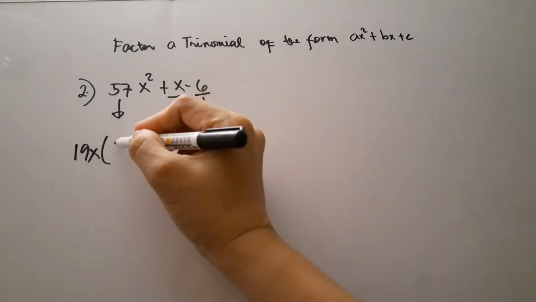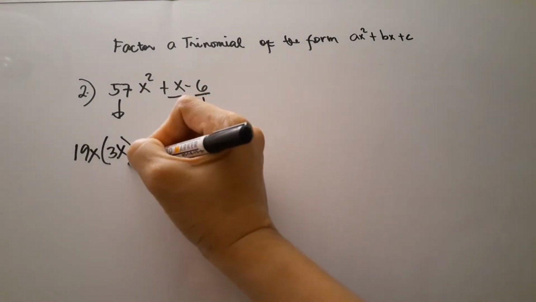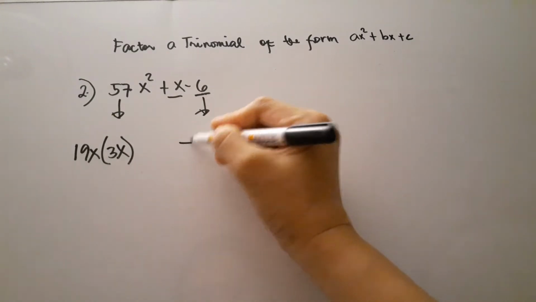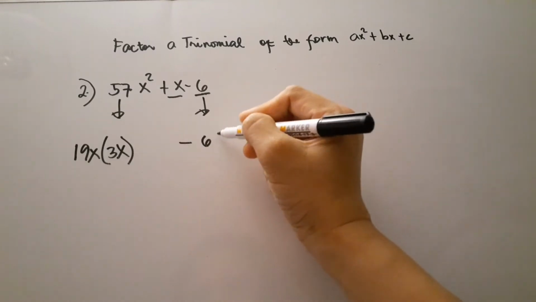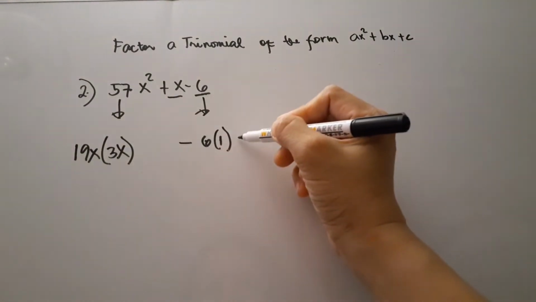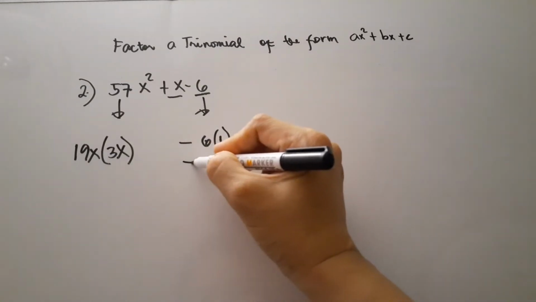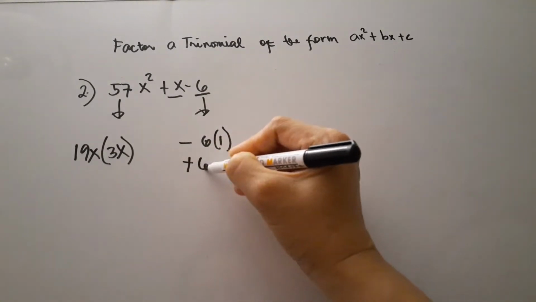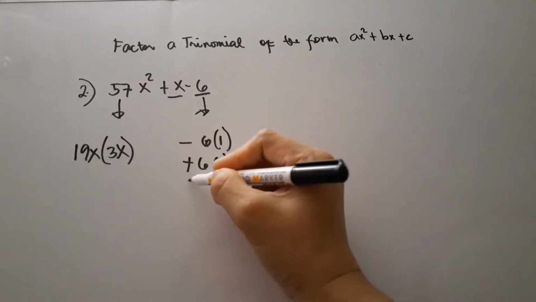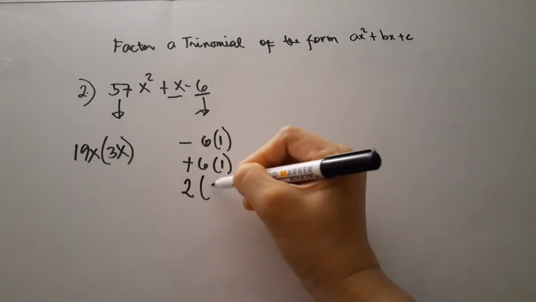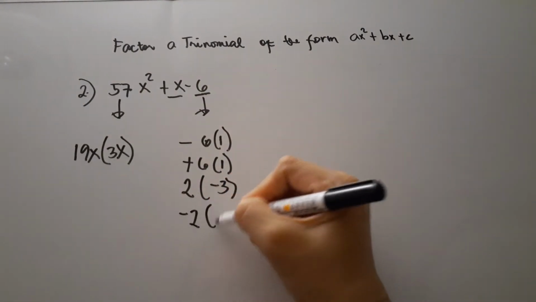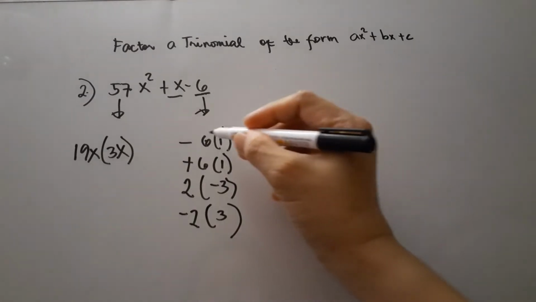The first term 57x squared has the factors 19x times 3x. Then the constant term, negative 6, we can put first as negative 6. We can put all the factors together and choose by trial and error. So we can have positive 6 times 1, 2 times negative 3, or negative 2 times positive 3.